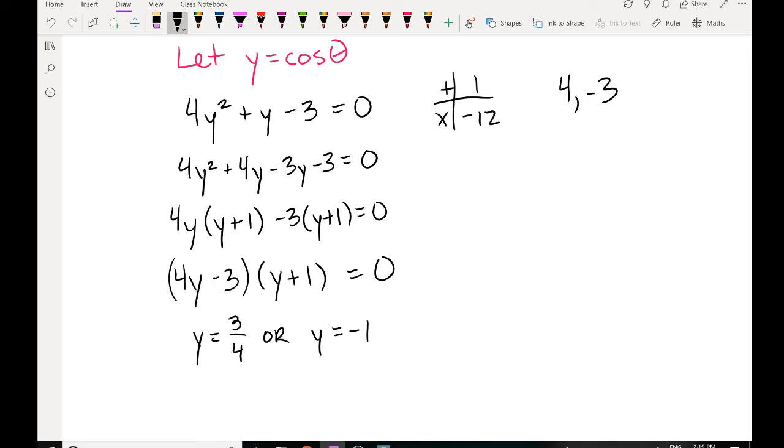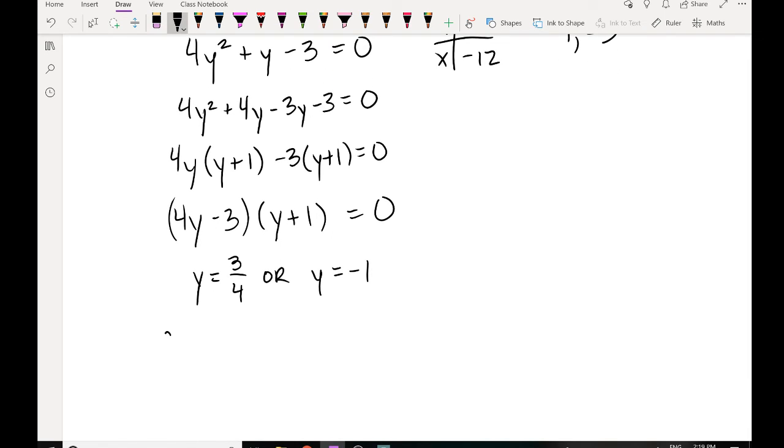If I was to take that information and pop the cos theta back in, what I'm actually saying is that cos theta is equal to 3 over 4, or cos theta is equal to minus 1. And if I just left it there, I'm not sure if the IB would actually be overly punitive, because that's not actually correct the way I'm leaving it.